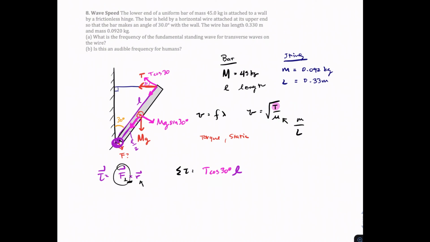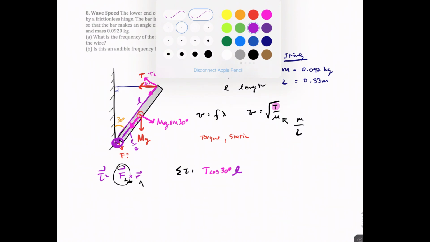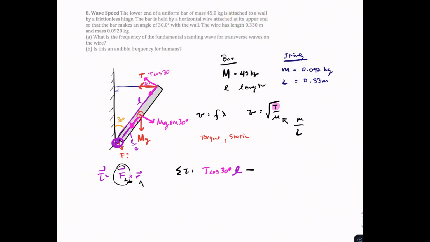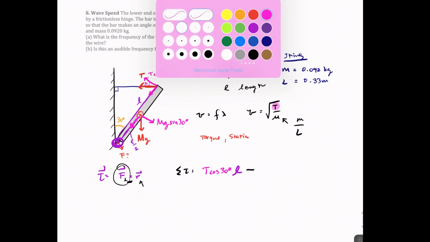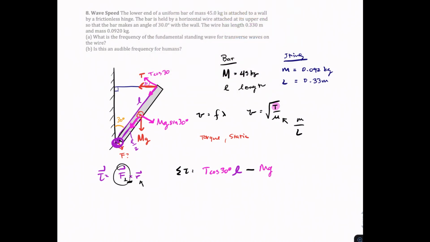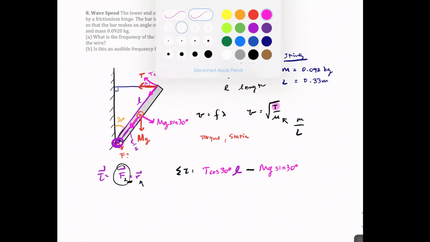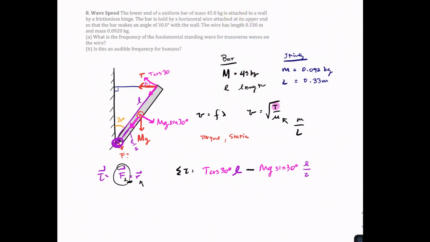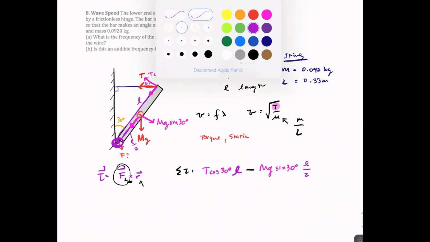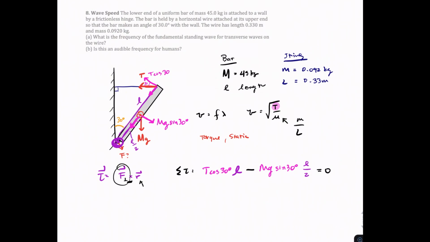Remember we picked the pivot not just because that's where the hinge is, but also because we wanted to get rid of this force that we don't know the angle for. All right, and then we're going to subtract off this other torque, which is going to be mg sine 30, times L over 2. And when we sum up all these things, it's going to be equal to 0.